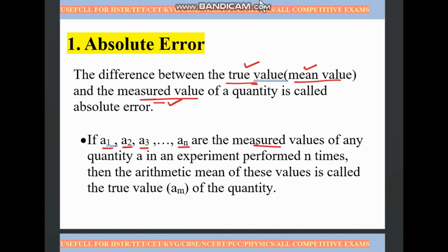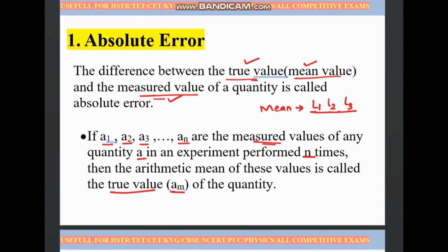Whatever observations we have taken at the time of experiments are considered measured values of any quantity A. Suppose we are measuring length, then first length L1, second length L2, third length L3, and so on up to the nth observation when performed n times. Then the arithmetic mean of these values is called the true value or mean value. We perform the experiment for a given number of observations, then take the mean value. Both can be calculated at the time of the experiment only.